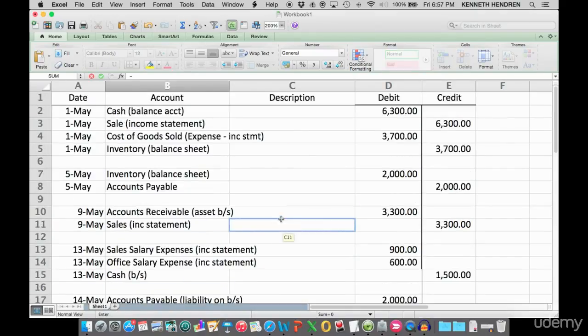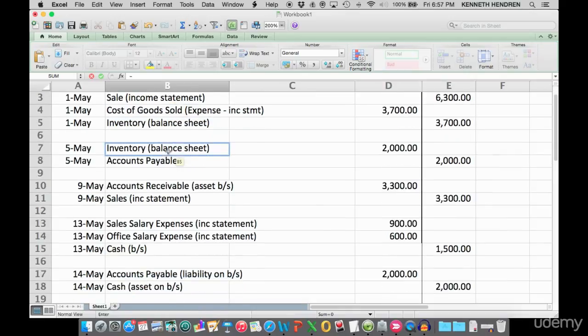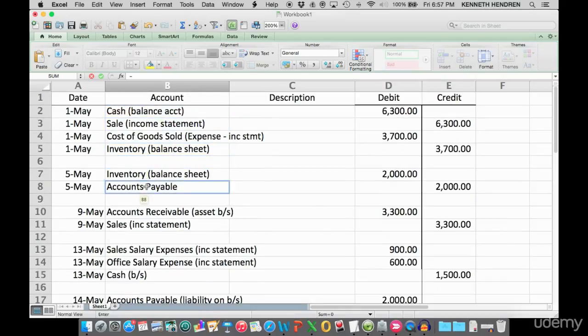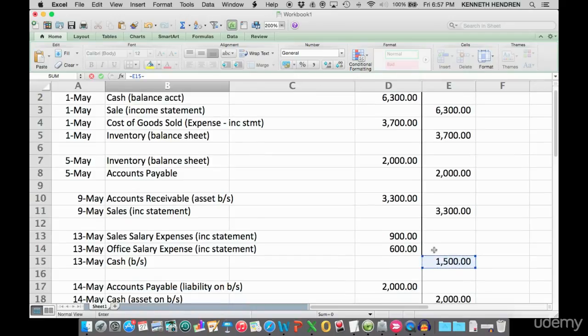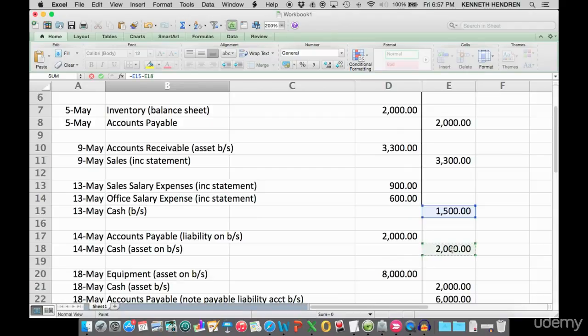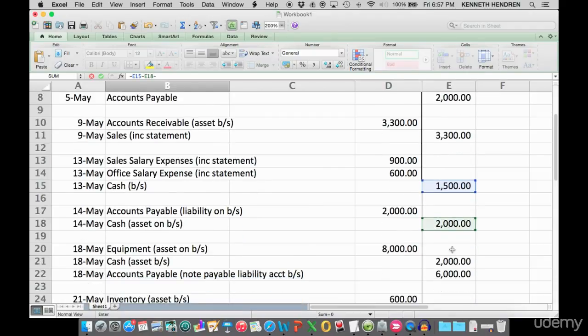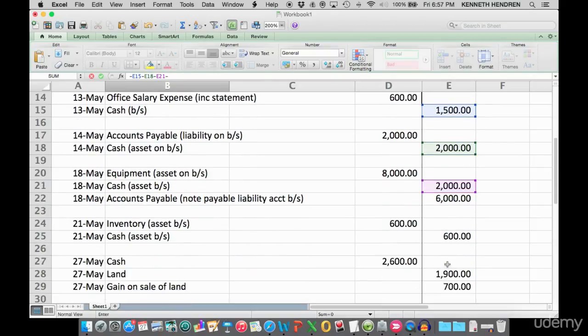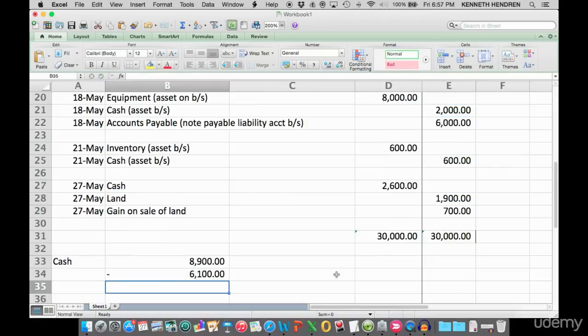And now we'll see cash went down. Right there. Right there. Right there. Right there. Okay. And then cash went down by $6,100. Okay.